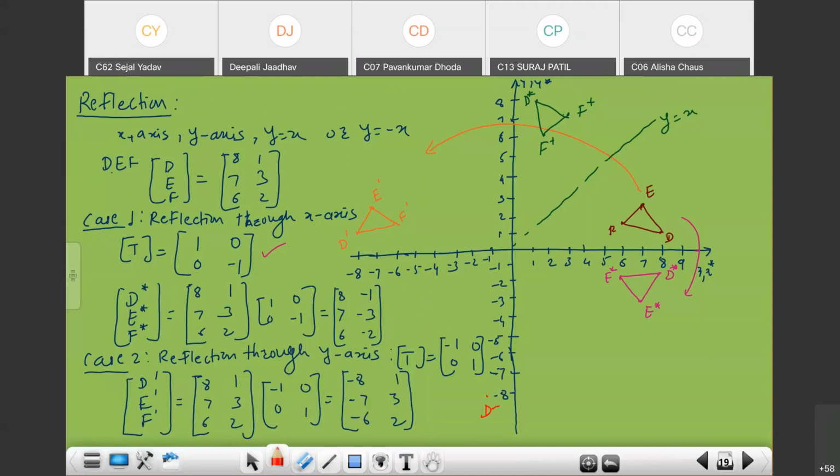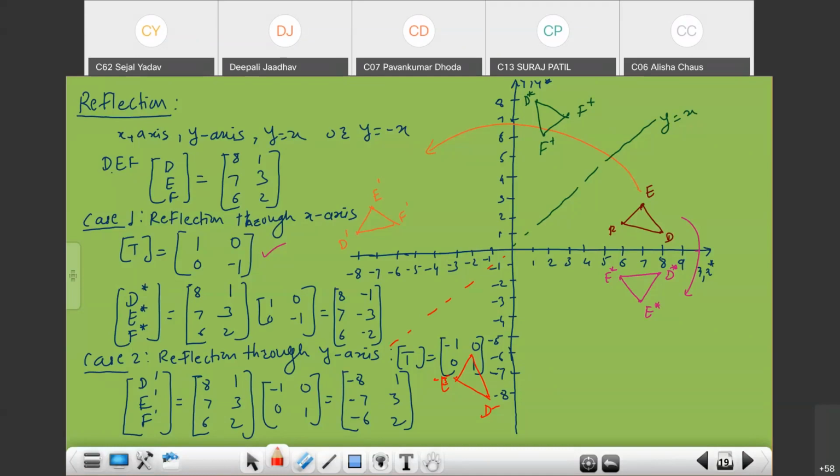Then minus 3, minus 7, and minus 2, minus 6. So it is reflection about y is equal to minus x.